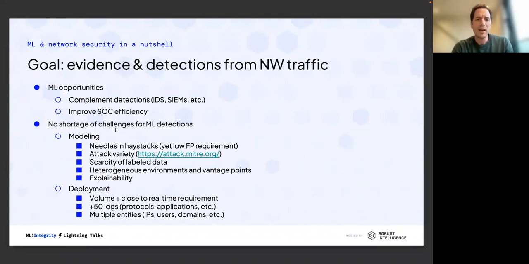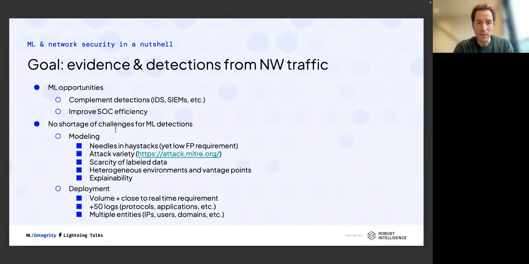As we went more into the cybersecurity domain, one of the key questions was, what is the role of machine learning here? We soon identified that there were mostly two. One was to complement existing detections. Needless to say, cybersecurity is a complex space with very well-established solutions and processes, like IDS, intrusion detection systems, or SIEMs, that still have a very important role to play today and already have some detections built in.